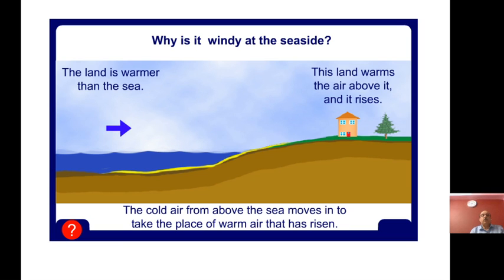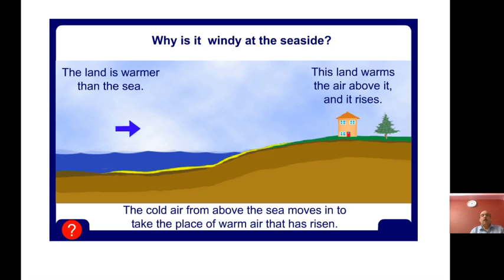Another case of convection is, why is it windy at the seaside? Because there is a lot of temperature difference between the warm land and the colder sea. When land becomes warm, the air above it rises.